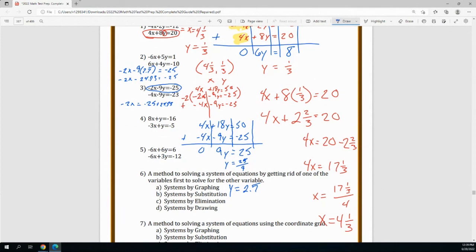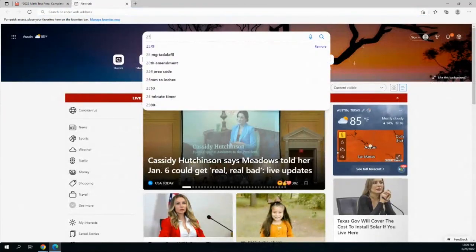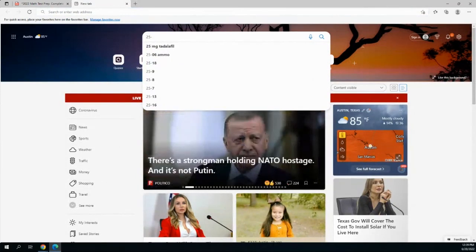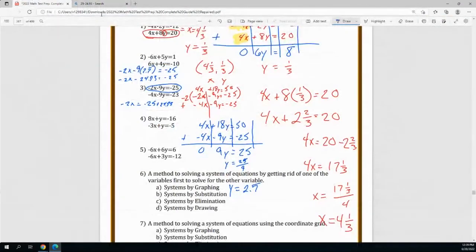Again, we add these two together. So 25 and, oh God, such ugly numbers. 25 minus 24.93. Guess we're going to get a decimal. 0.07, disgusting.